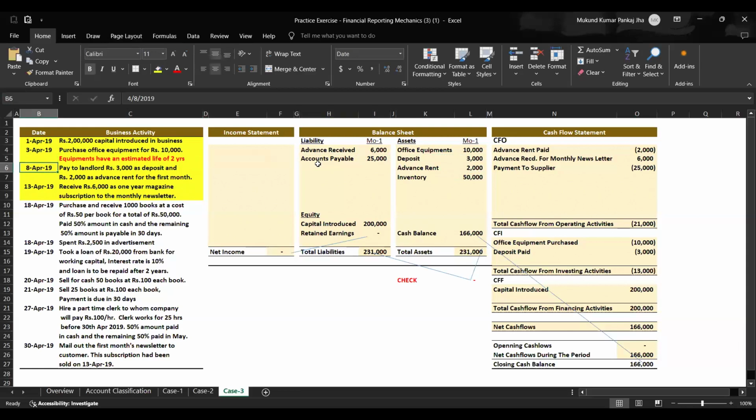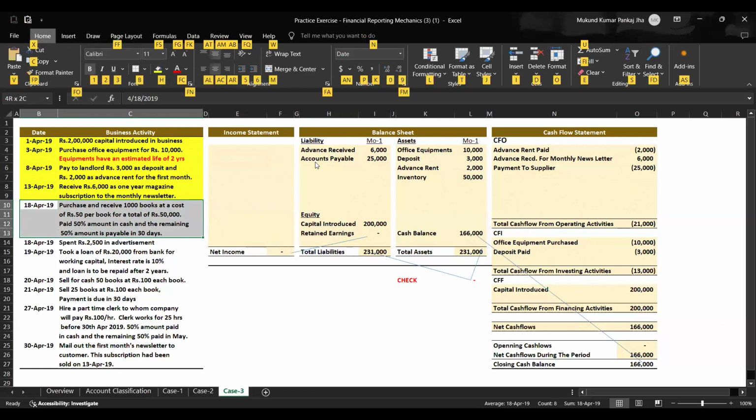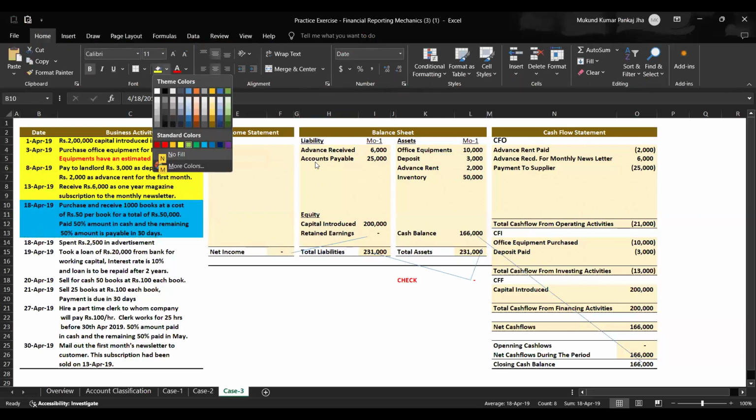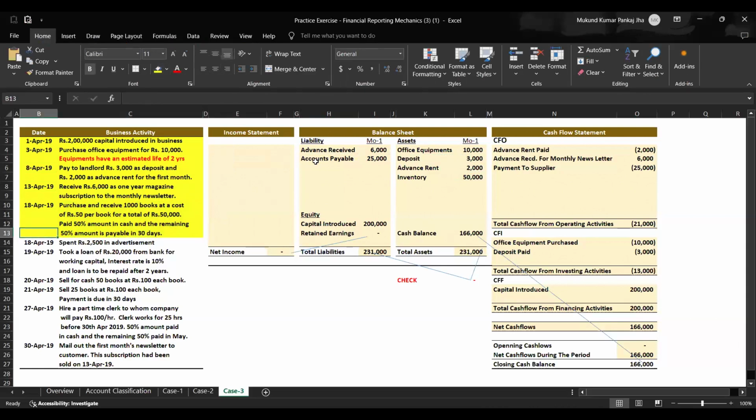Got this one, guys? Everyone? Everyone got this thing? Spent rupees 2,500 in advertisement.